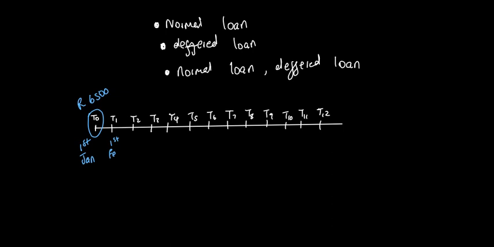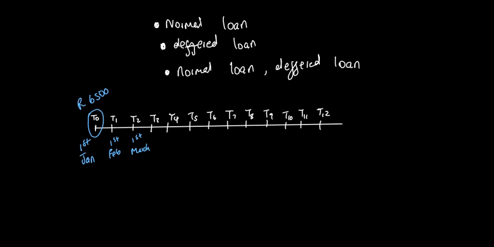And then it will follow like that. This will then be the 1st of March, and then the 1st of April, May, June, July, August, September, October, November, December.